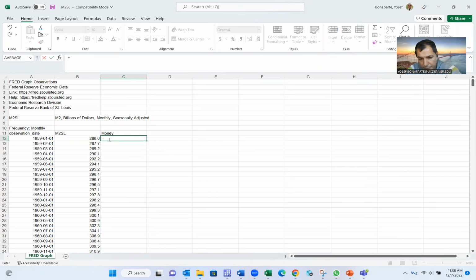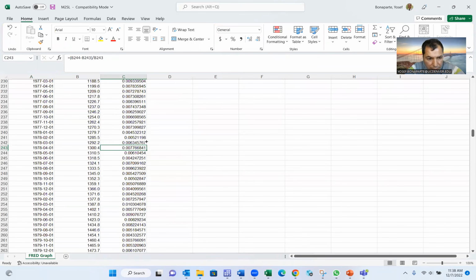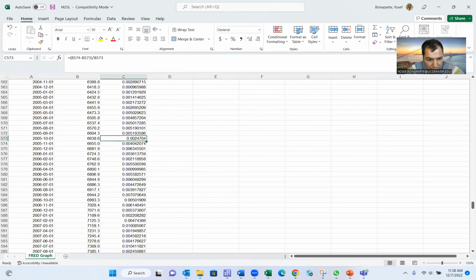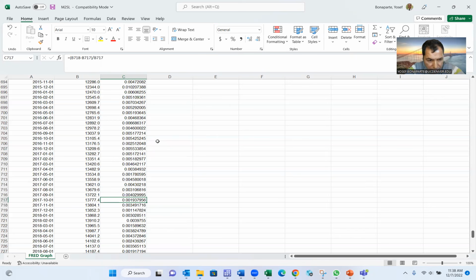We're going to do the change. This in the end of the month money supply, in the beginning of the month money supply divided by beginning of the month money supply. Didn't care about all of the early data. We're going to go straight to 2017. And October 2017.